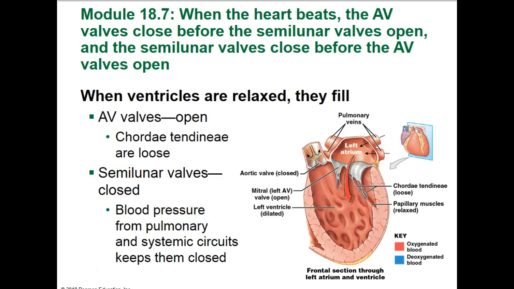The chordae tendineae are loose. The semilunar valves are closed. The semilunar valves going to the pulmonary trunk or to the aorta are closed when we fill up the ventricles. And the blood pressure from the pulmonary and systemic circuits pushing back on them in the other direction is what keeps them closed.